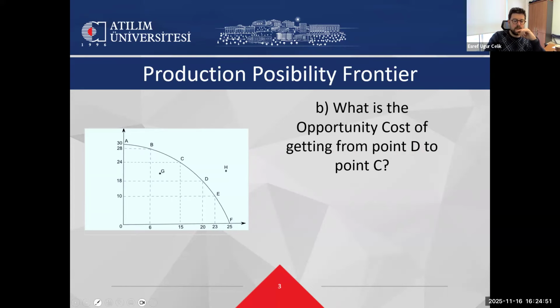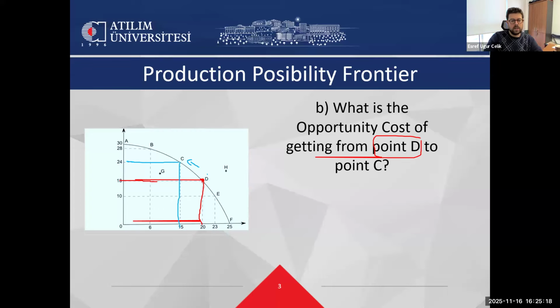Okay, let's look at point C. Or it can start with D, sorry about it. At point D, you see 18 and 20. For moving D to C, it is 24 and 15.